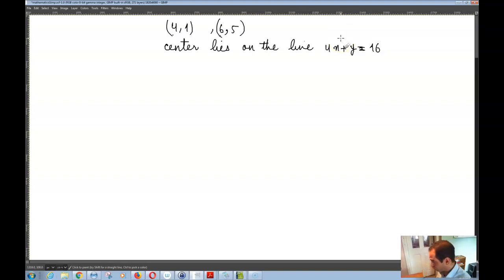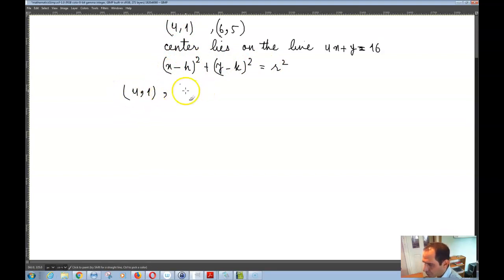Okay, so if we assume that the general form of the equation of a circle is x minus h whole squared plus y minus k whole squared is equal to r squared, then if these two points are on the circle, that means that if 4, 1 is on the circle, you can write 4 minus h whole squared plus 1 minus k whole squared is equal to r squared.